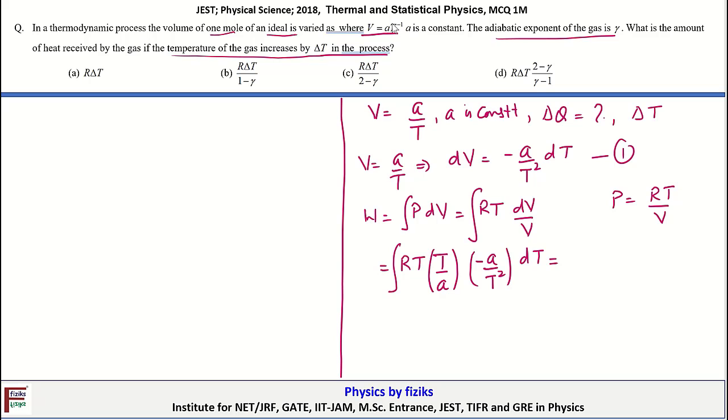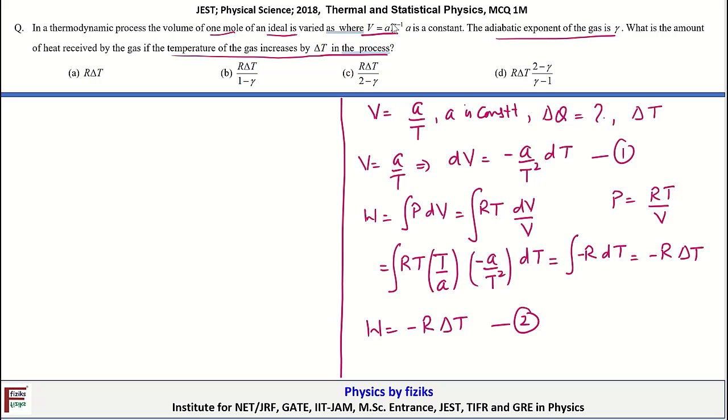Upon solving, this will give us R dT with negative sign. So this is equal to minus R delta T, because delta T is the change in temperature during the process. So we have obtained the expression for the work done during the process, minus R delta T. Let's call this equation 2.